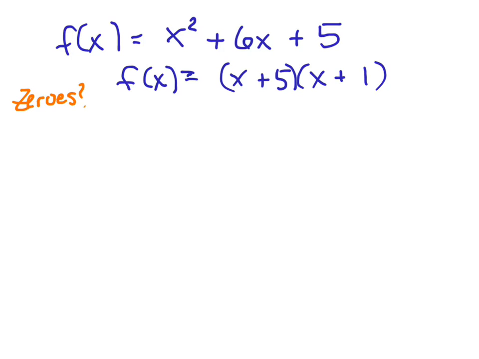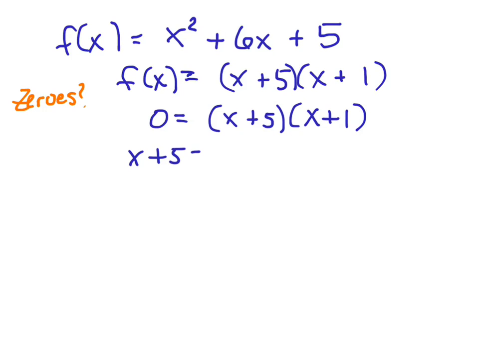The zeros are when the y-coordinate is 0. I can use the zero product property to say that either x plus 5 is 0 or x plus 1 is 0. And so x equals negative 5 or x equals negative 1.